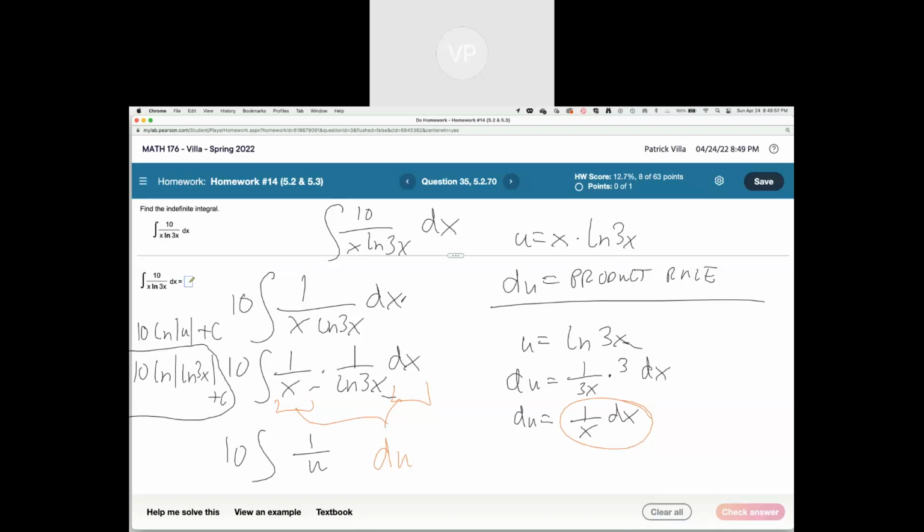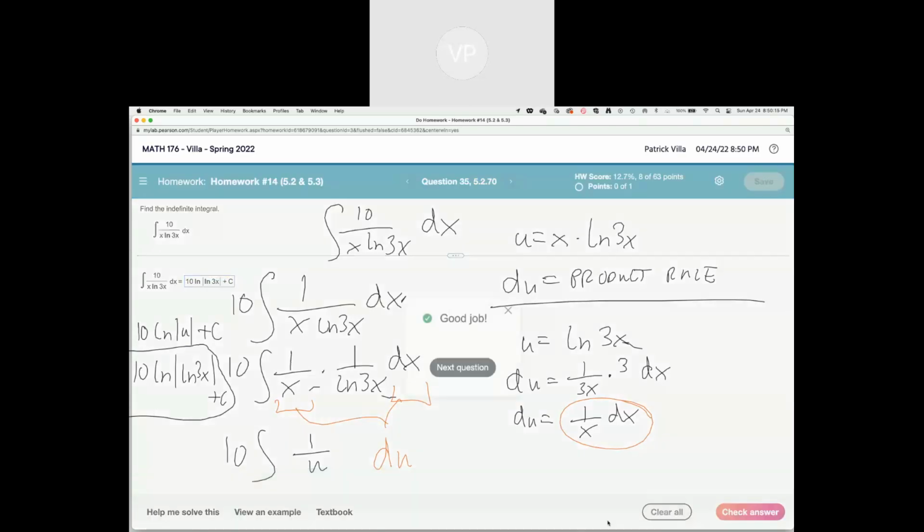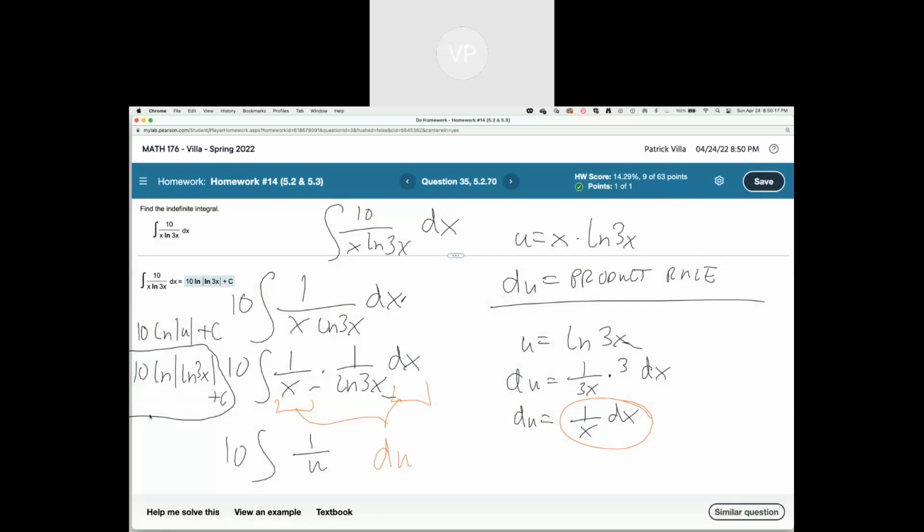You can have a natural log or a log inside of another log there. Okay, so we end up with 10 natural log of 3x plus c. And there's our answer to that one. So a little bit weird, but it's follow the procedure and it will get you the answer.